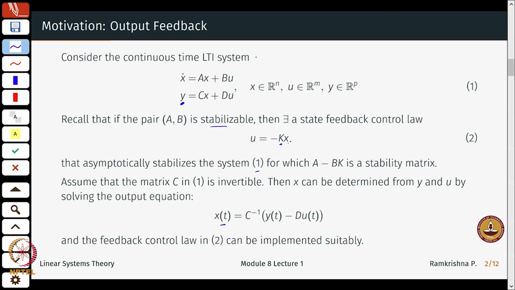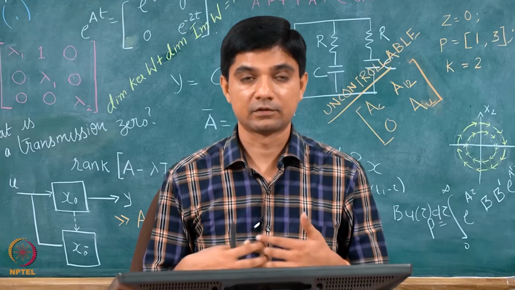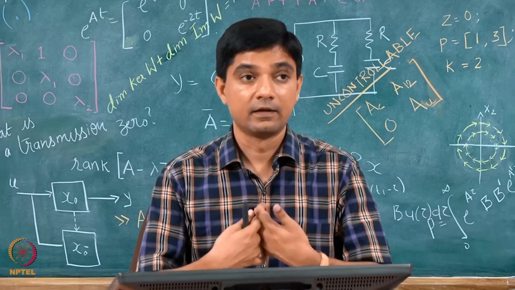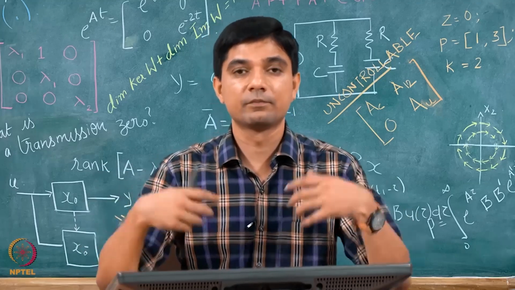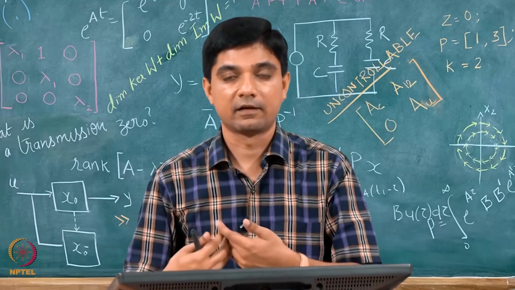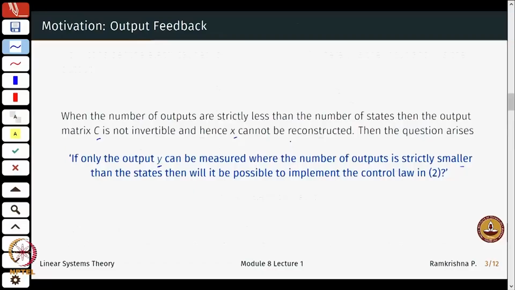I do not know the answer at the moment. I would like to say, well, let me construct a system where C is invertible, but it is not always possible to measure all the states of the system because of physical constraints and so on.